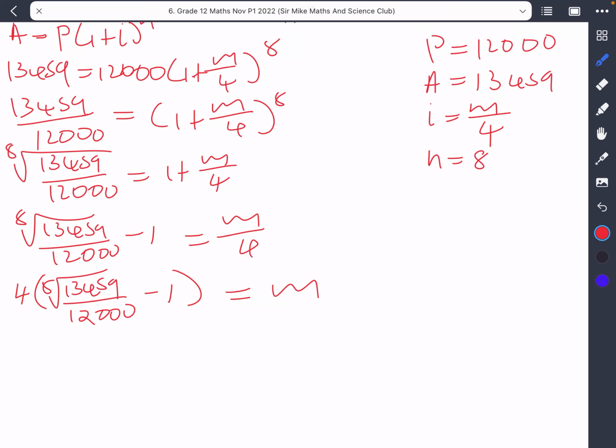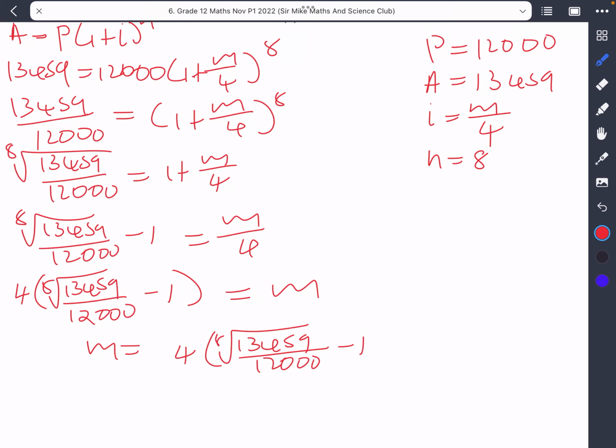Again, next I would multiply by 4 on both sides to get rid of that denominator. So eventually I would have 4 multiplied by the 8th root of 13,459 divided by 12,000, minus 1, which would be equal to M. Now remember that M is given as a percentage.